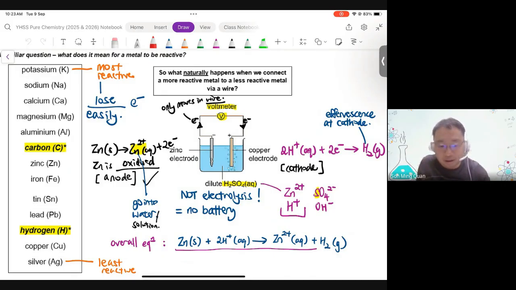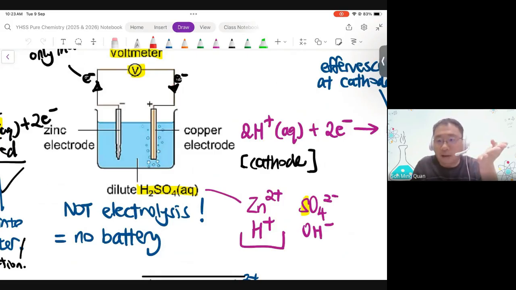Meaning, if I connected zinc with copper through a wire, zinc should lose electrons more easily because zinc is more reactive than copper. So where do the electrons go? Do the electrons enter the aqueous solution? The answer is no. Electrons never ever enter the aqueous solution. Aqueous solution is the ionic compound, the ions, not the electrons.